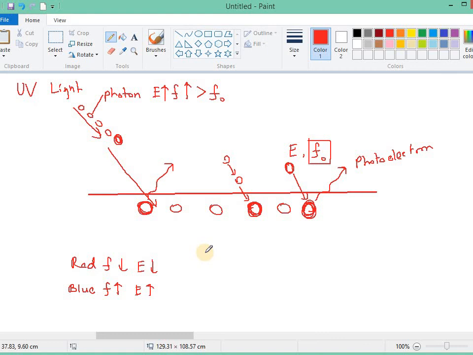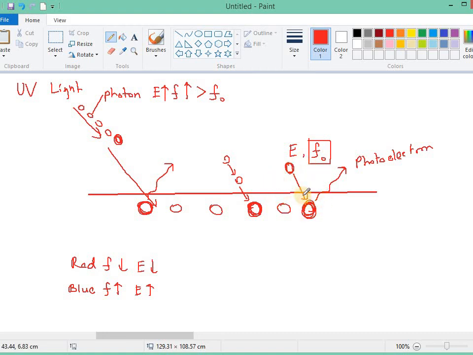So the first one says that the kinetic energy of the photoelectron does not depend on the intensity of the light. That means even if you use a very bright light, the kinetic energy of the photoelectron will not be higher.